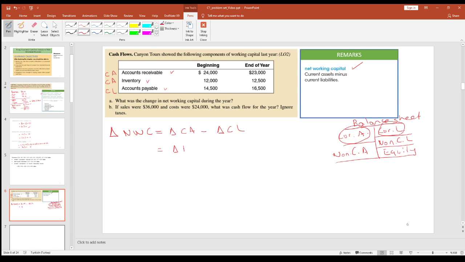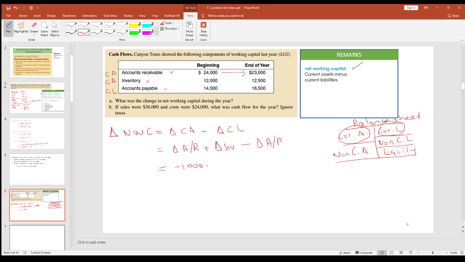Change in accounts receivable, plus change (delta means change) in inventory, minus the change in accounts payable. The change in accounts receivable starts from 24 million and ends at 23 million, so the change is minus 1000.